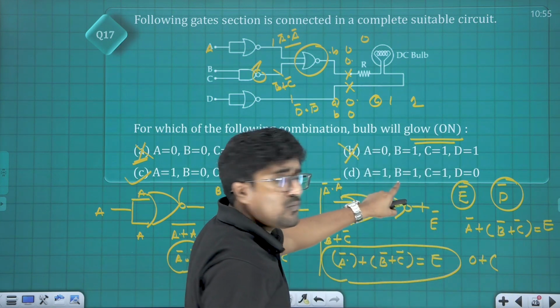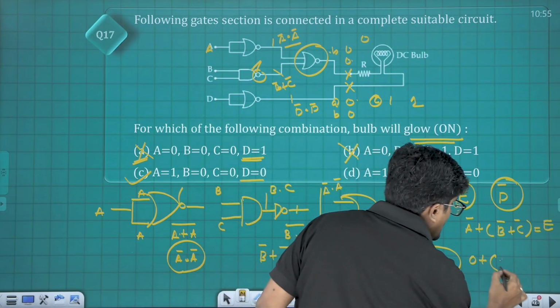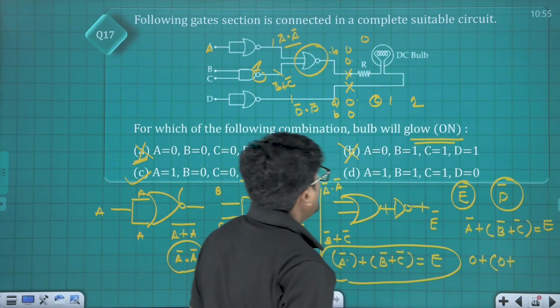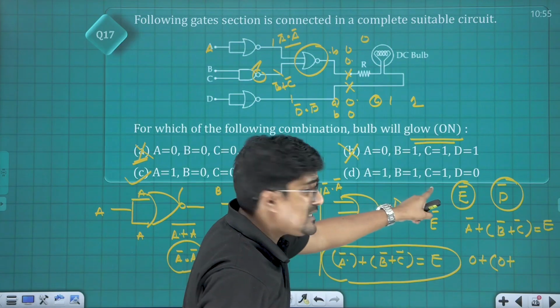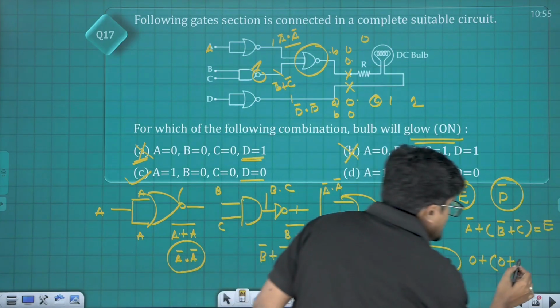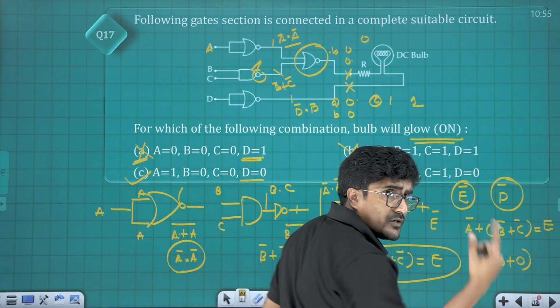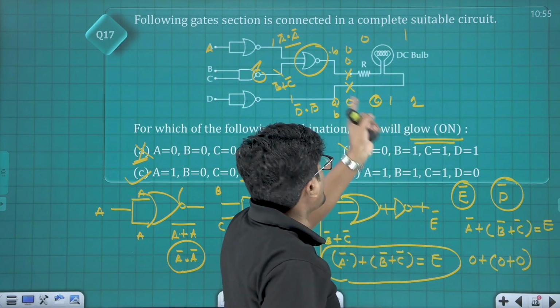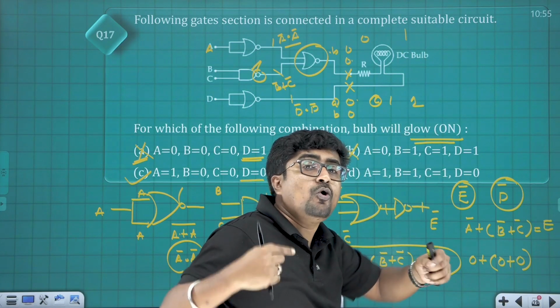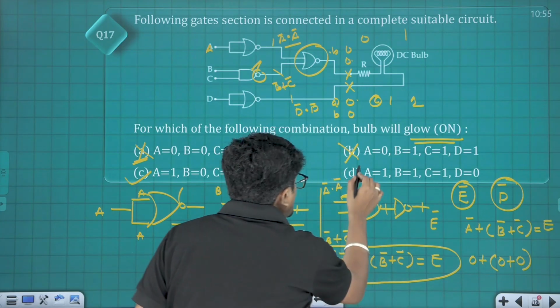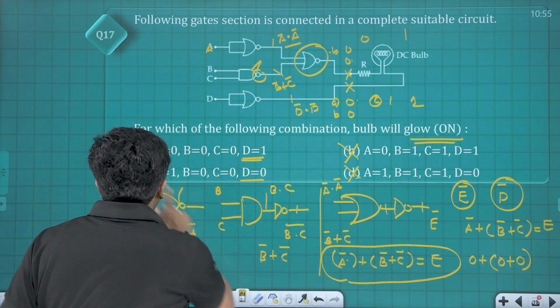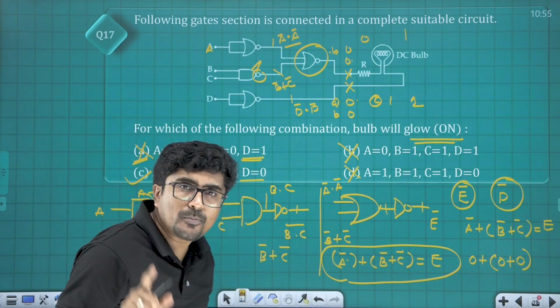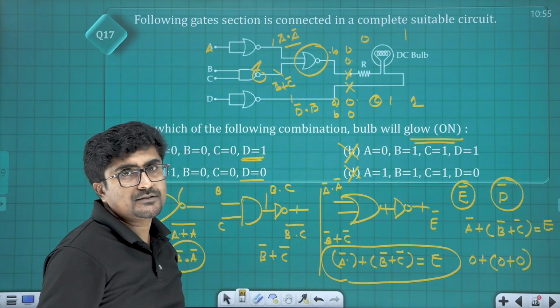B is coming as 1 here, the inverse of that is 0. And C is coming as 1, the inverse of that is 0. Here this is 0, the inverse of that is 1. At the bottom it is 1, and on the top it is also 1. Again there is no potential difference, so in this case current won't be flowing. So finally we can log option C as the correct answer.